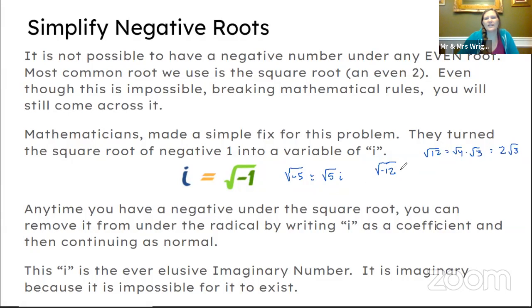Well, if it's a -12, then you have 2i radical 3. That's simple. If you break anything down to, let's say we had the square root of -4, that'd be equal to 2i. Okay, just a little taste of some stuff to come.